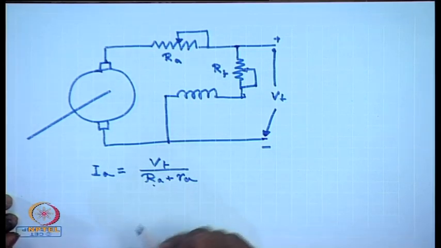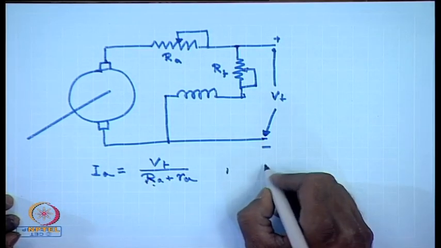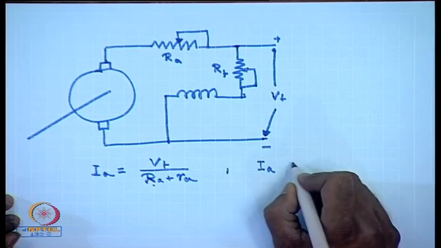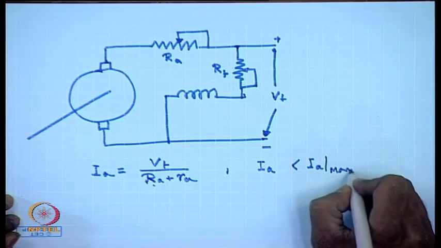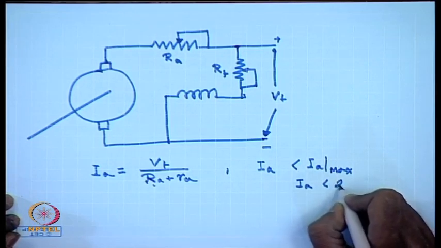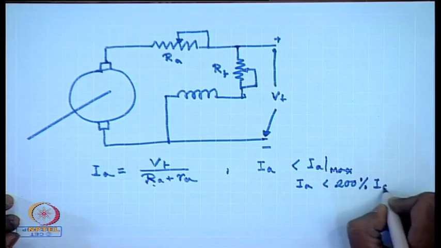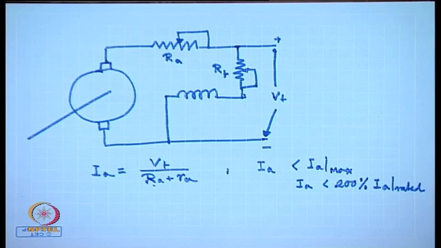So, by choosing appropriate value of capital R_a, we can restrict I_a less than I_a max. Generally, I_a max will not be less than 200% of rated I_a. Much larger I_a is usually not acceptable, particularly for a DC machine, because as we know a DC machine contains a commutator and brush arrangement, where there is continuous making and breaking of the circuit.